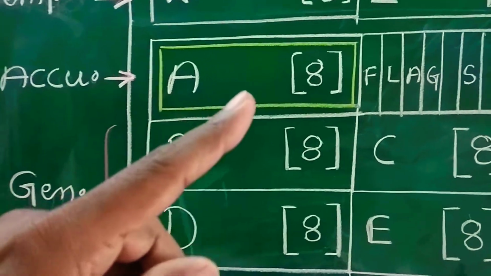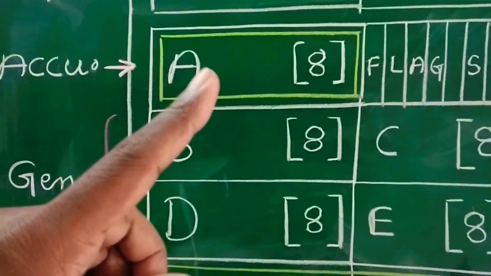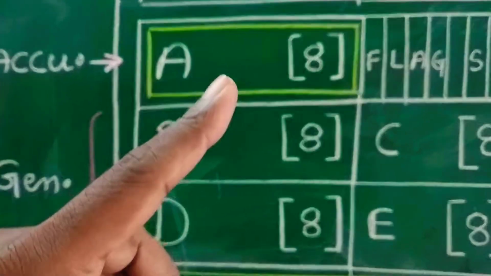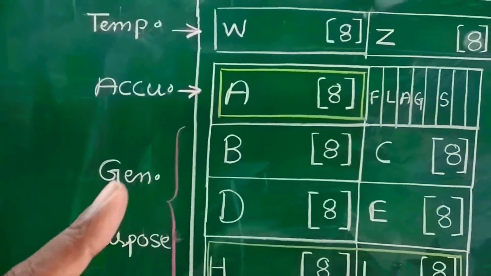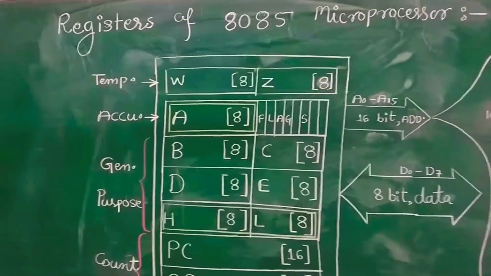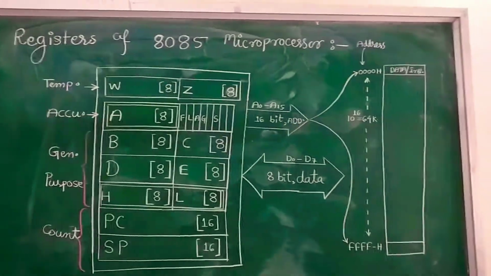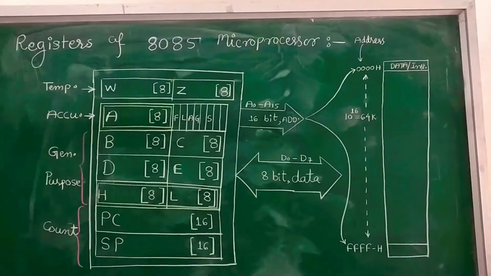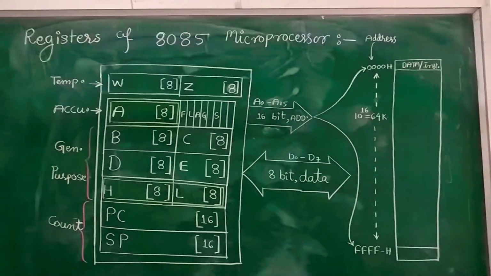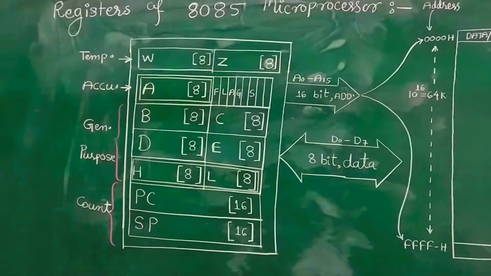That means 1 is added to 2 and the content changes to 3. The accumulator will contain the number 3. So after each operation, whether logical or arithmetical, the result is stored in the accumulator register. That's why the accumulator is a very important register of the 8085 microprocessor.